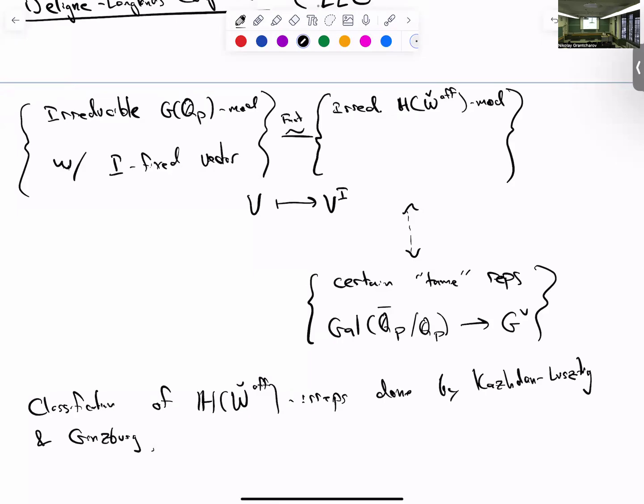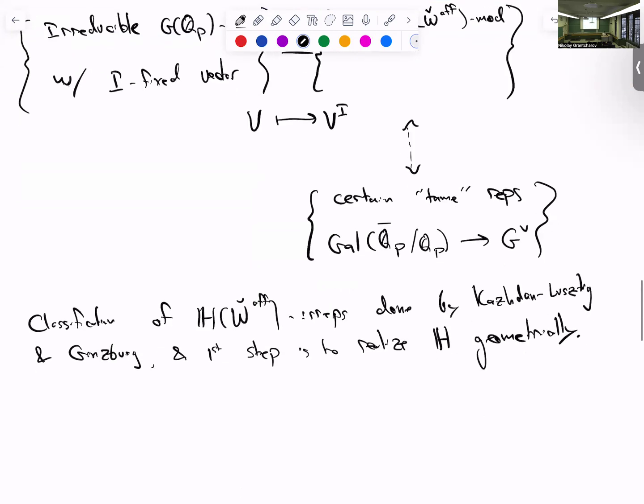And so the first step in this classification was to pass to the geometry, to the K-theory. And this is what we will focus on for the rest of the first half. K-theory, Steinberg.